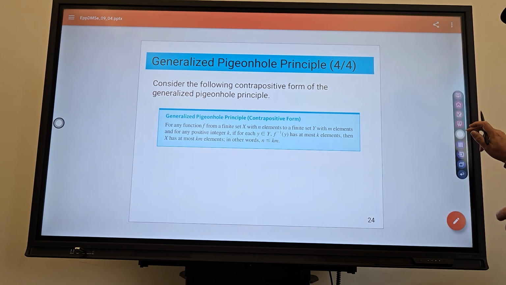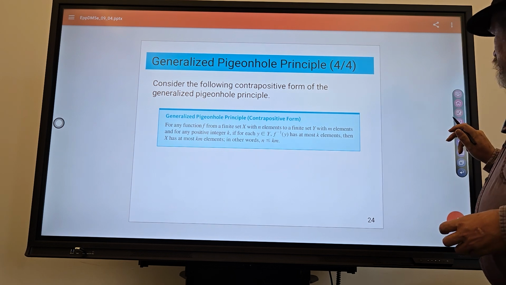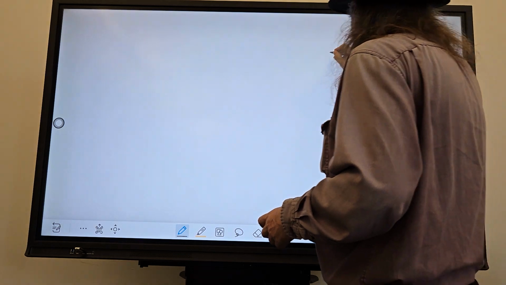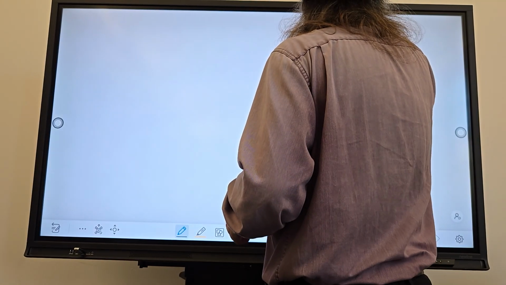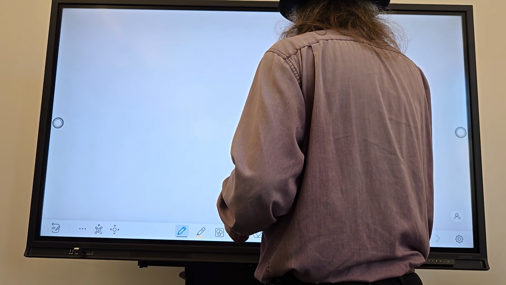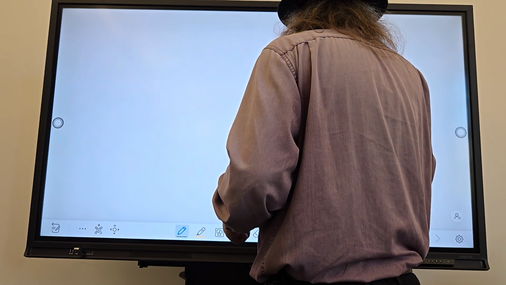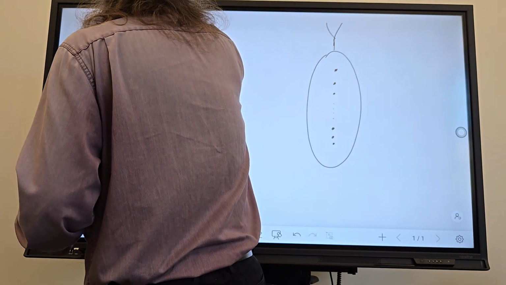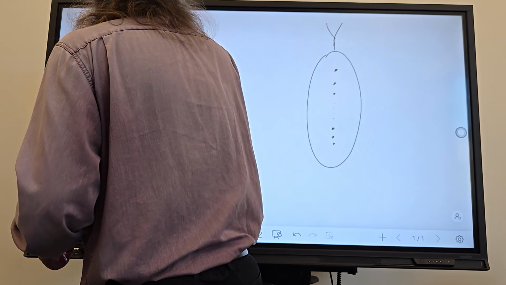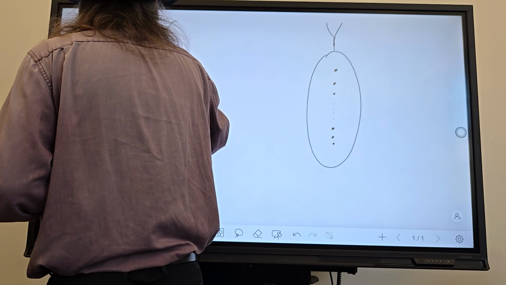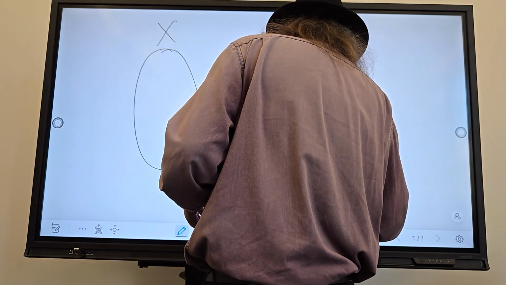Let me see if I can put this in a diagram here. So you have Y, and you have so many elements. X has n elements.